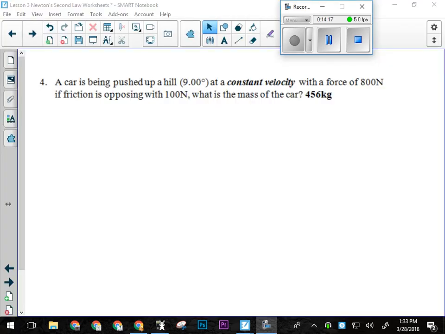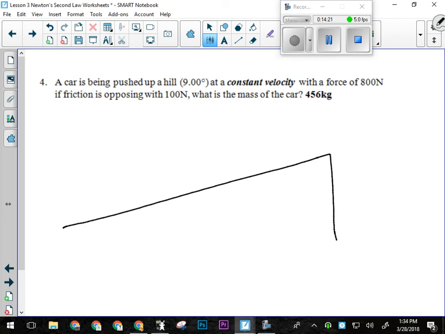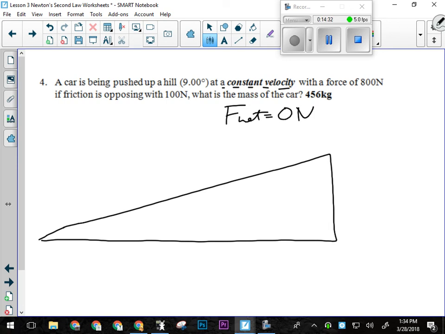So we got a question about number 4 here on the inclined plane worksheet. We've got our incline that the car is being pushed upward at a constant velocity. So right off, I'm going to write that my net force is 0 newtons. I'm looking for the mass of the car.